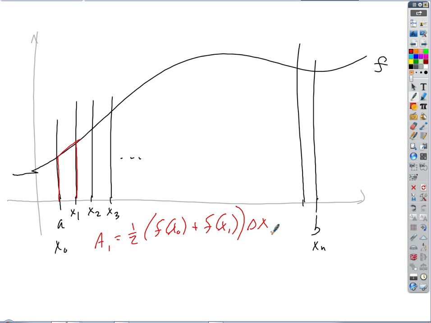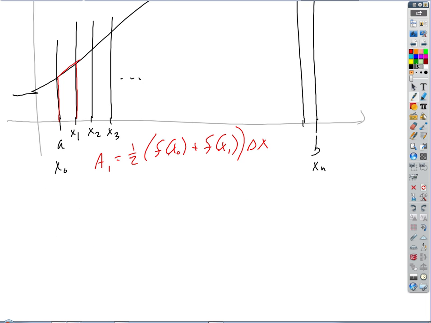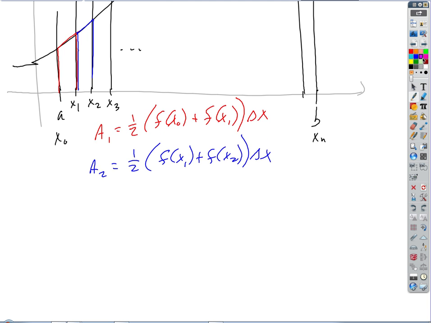Everybody agree? Okay. What's the second one going to look like? The second one we'll make blue. So it's going to equal 1/2 times f of x sub 1 plus f of x sub 2 times delta x, right? Okay, we'll just do a few of these, but you're going to see something happening here.